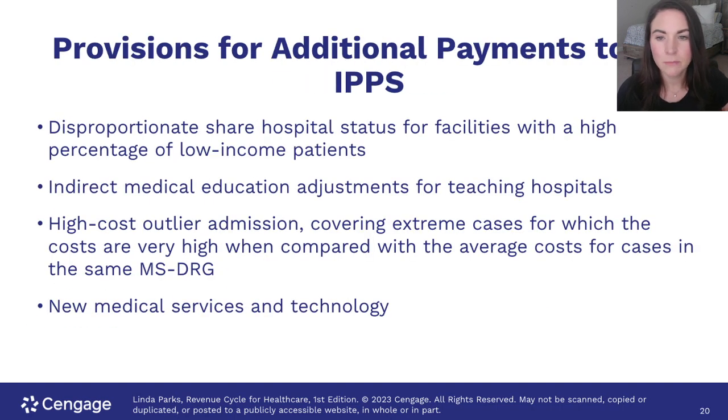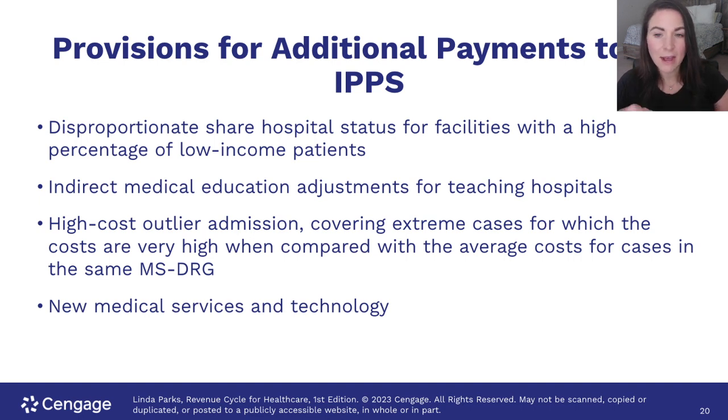Okay, I already mentioned some of these things that qualify the hospital for additional payments or add-on payments. The disproportionate share is for hospitals that serve mostly low-income patients, because a lot of times those patients can't pay their bills, and so this helps the hospital remain whole. Indirect medical education adjustments are for teaching hospitals where doctors are still training and work under a teaching physician.